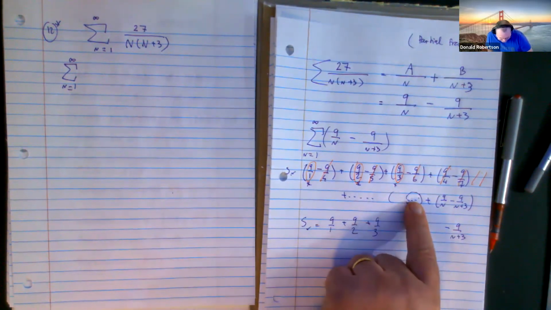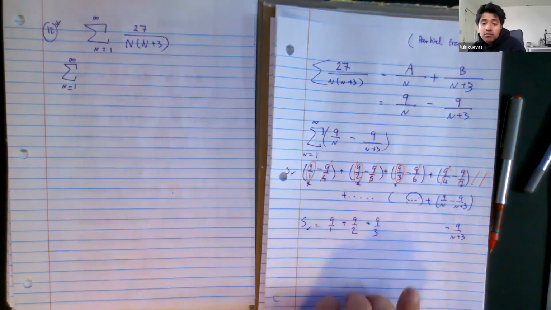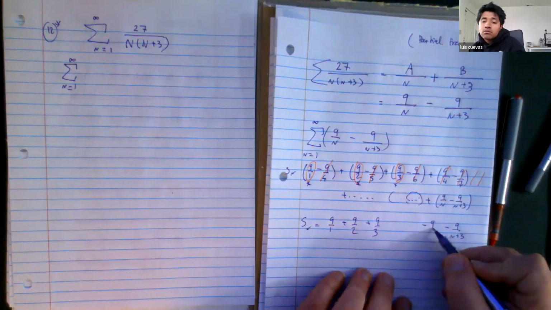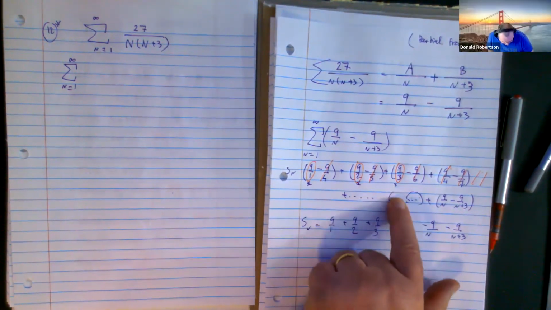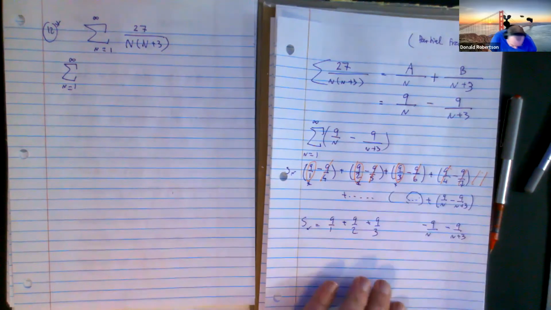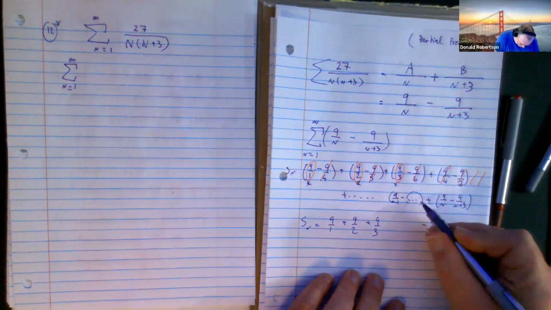What would that term be in terms of n? This one is 9 over n plus 3. What will that one be? N minus 1. Well, that one that's here would be n minus 1, but what would the other one be? That one here would be 9 over n minus 1, but what would this one become?